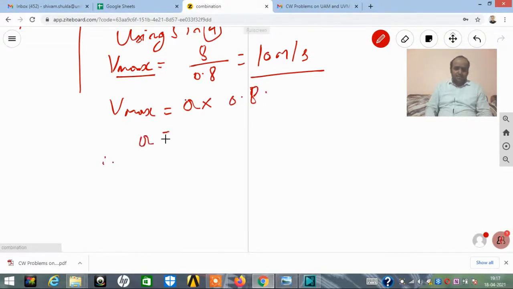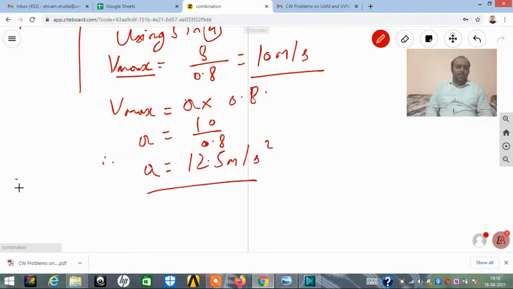Therefore, A is equal to 10 divided by 0.8, which is 12.5 meter per second square. So the initial acceleration is 12.5 meter per second square, and the maximum velocity is 10 meter per second.